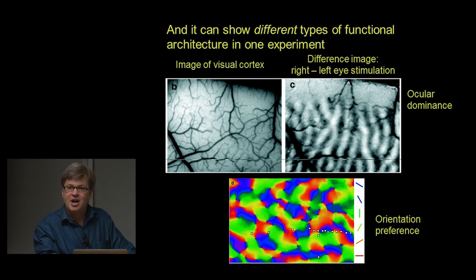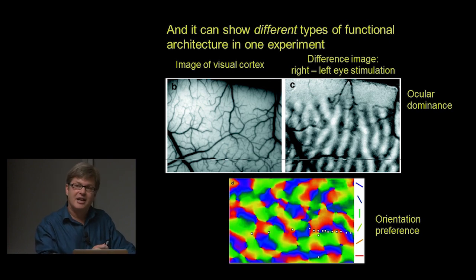And in order to show this complicated idea, they had to make color codes where the red regions of the brain are those that are most excited by horizontal bars. The green regions are the regions of the brain that are most excited by vertical bars, etc.